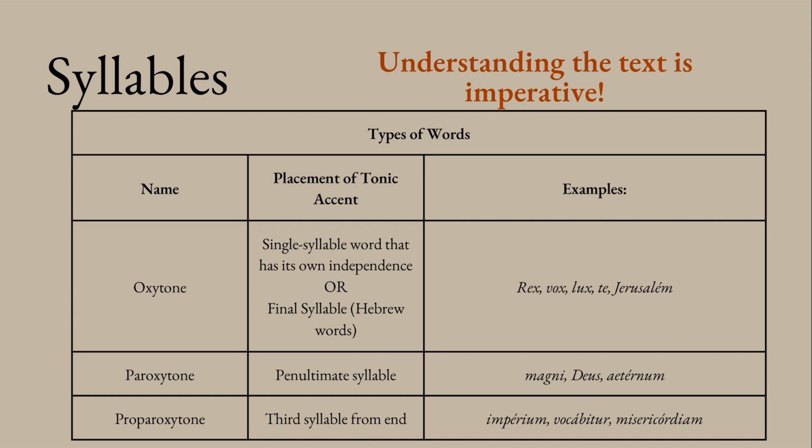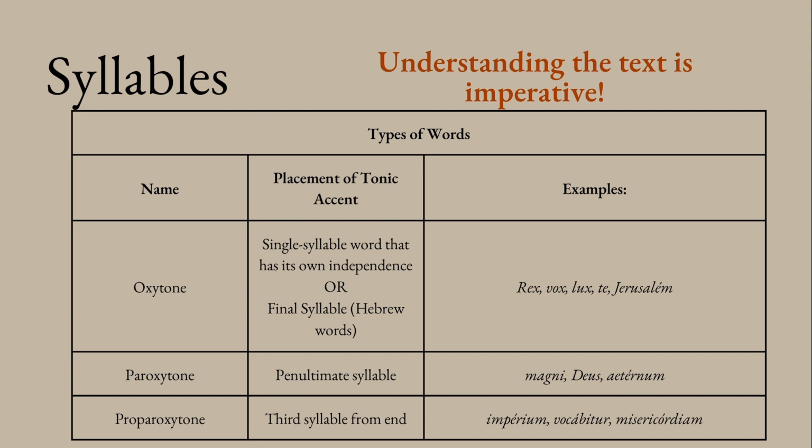Those of you who did grow up in the early 2000s with those infomercials of OxyClean, you do know what I'm talking about. Anyway, an oxytone is a single syllable word that has its own independence. What do I mean by that? I mean it can stand on its own. You have rex, vox, lux, and usually something like te. Prepositions are not oxytones because they belong to the word that follows.